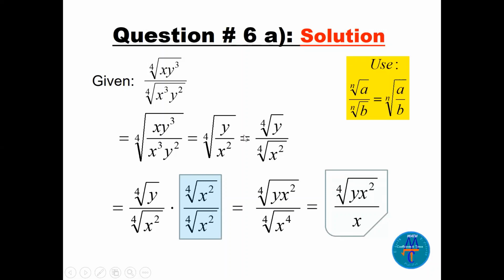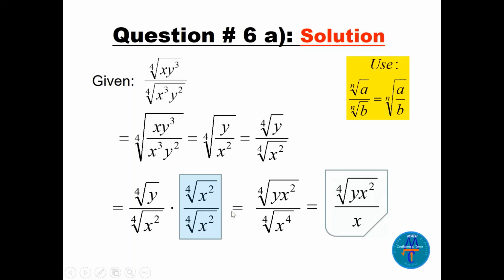Then again, I go back and split it, using the same rule: the 4th root of y over the 4th root of x squared. Now, how do I rationalize here? Rationalize means you have to get rid of the radical in the denominator. The index here is 4, and I have only x squared, so I should multiply by the 4th root of x squared up and down.